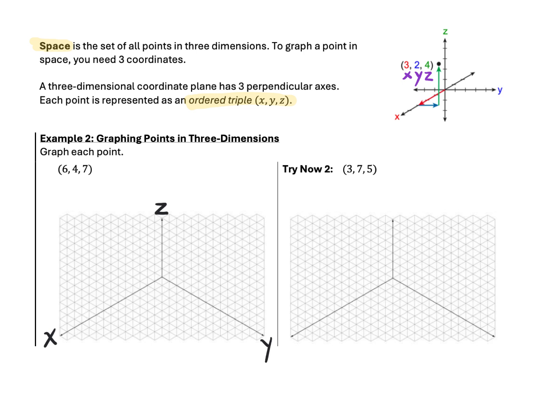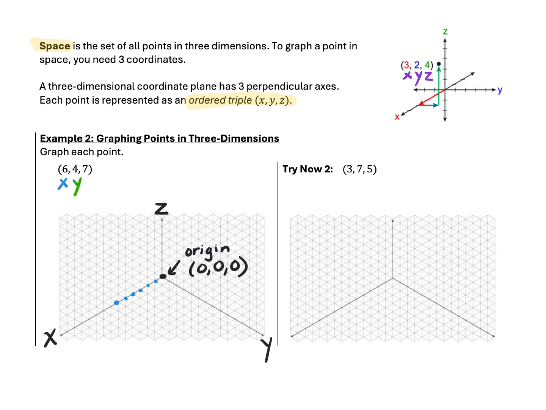To plot a point, you can start with the x-coordinate, and this is the positive x-axis that's plotted. So when I do 6, I'm going to start at the origin, which is the ordered triple 0, 0, 0. And then I'm going to do 6 in the x direction. So 1, 2, 3, 4, 5, 6. And then we'll go 4 in the y direction.